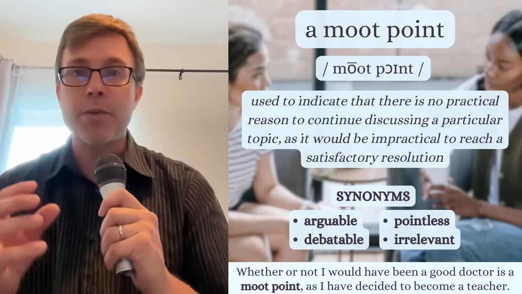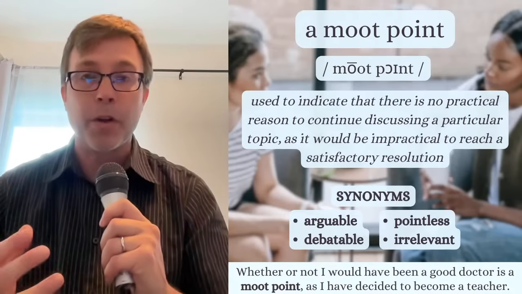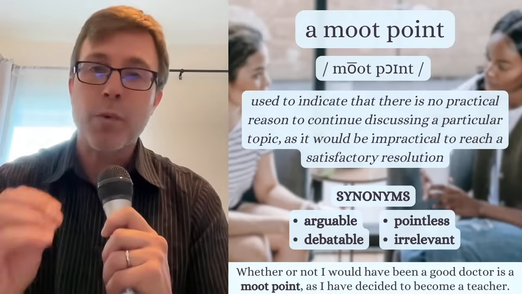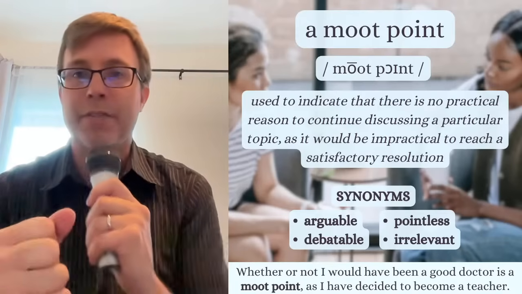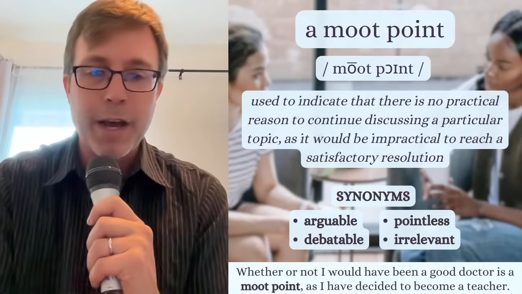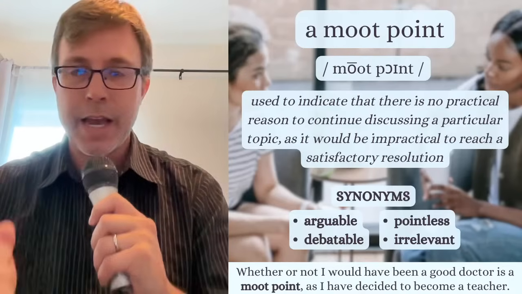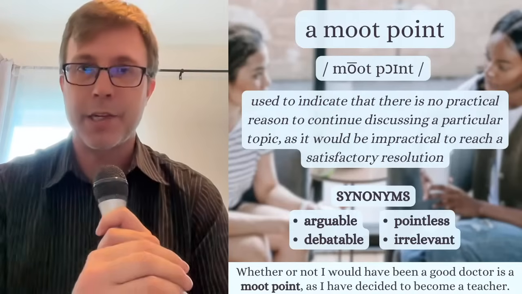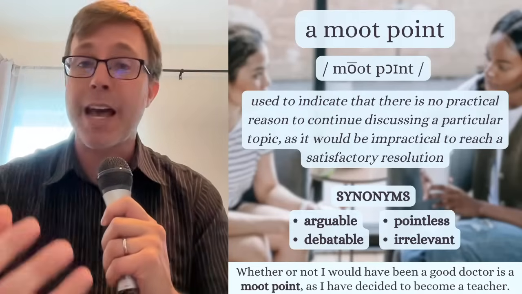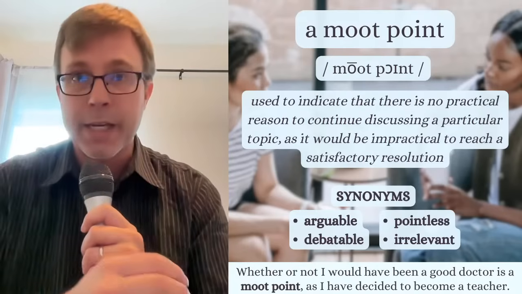You could also use it as a synonym for saying something is arguable or even debatable. So once again, if two people are having a discussion, let me give you a very quick example. If you have somebody who is very religious and somebody who is not religious, and they're trying to have a discussion about, I don't know, what happens once we die.